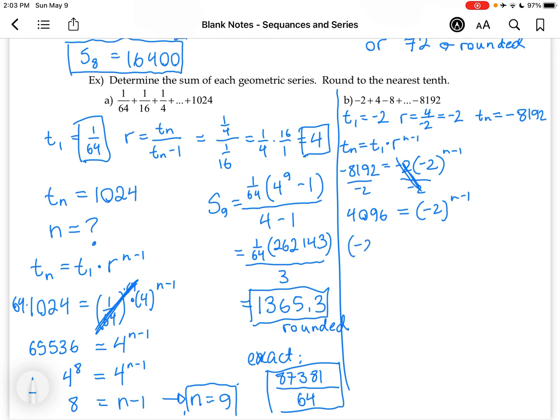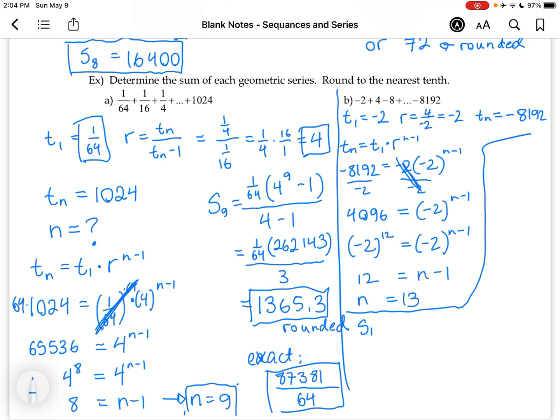So I can replace this with -2 to the power 12 equals -2 to the n minus 1, which means that 12 equals n minus 1, which means n has to equal 13. Okay, so now I'm finding the 13th sum.